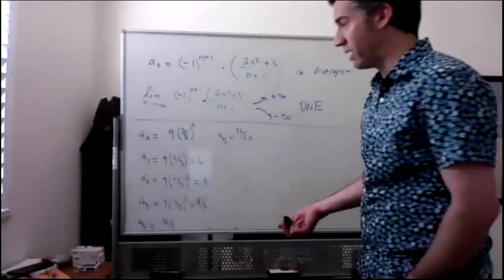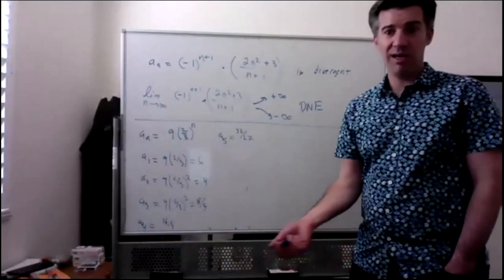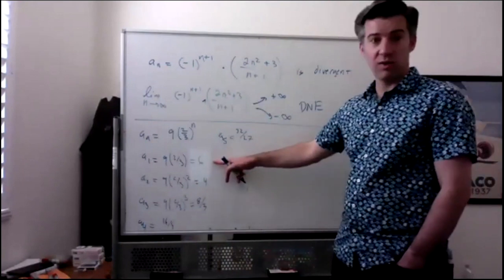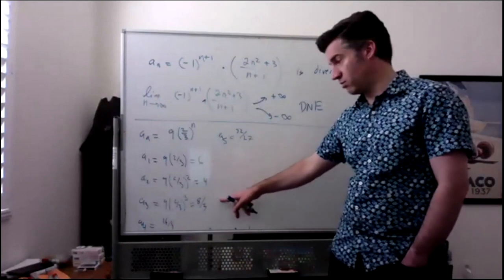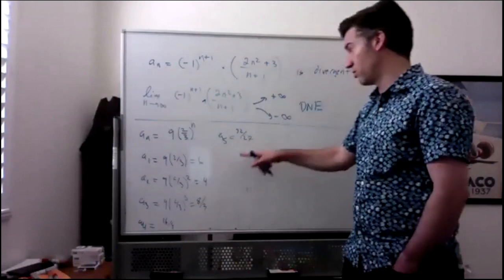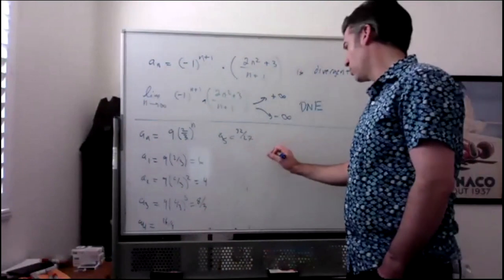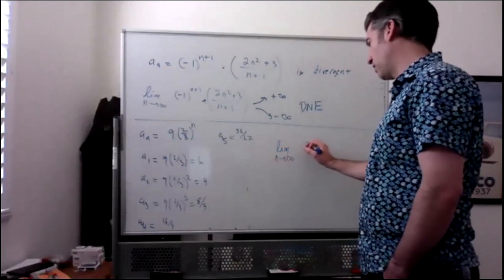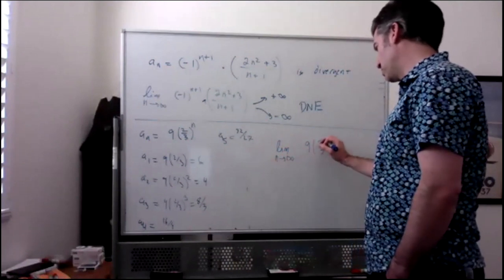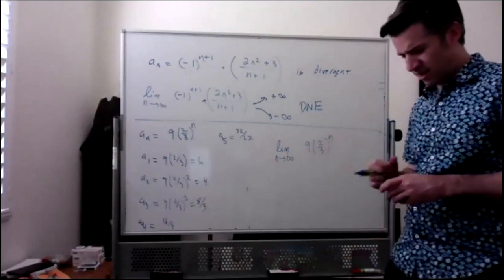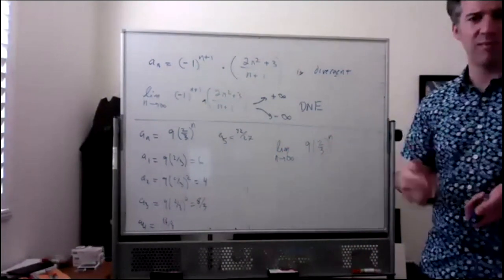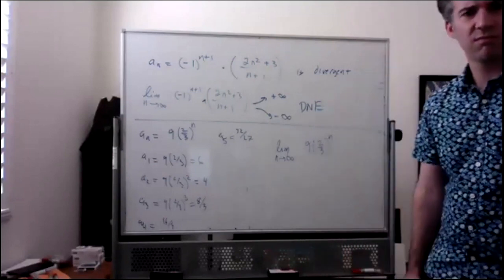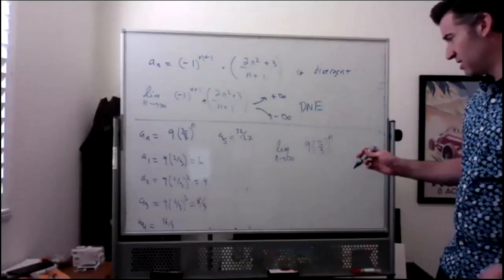And it looks like, as far as I can tell, my numbers are getting smaller, right? 6 times 2/3 is smaller, times 2/3 is smaller, times 2/3 is smaller. So if I'm going to take the limit as n goes to infinity of 9 times 2/3 to the n, if you keep multiplying by a number like 2/3, what's going to happen? It's going to go to 0 eventually.